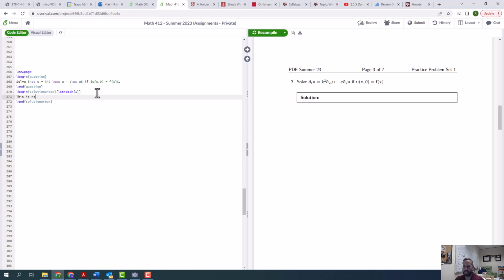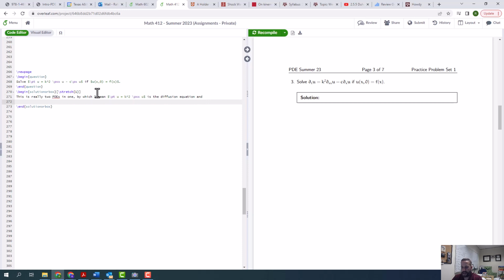What do I mean by this? This is really two PDEs in row one, by which I mean: the t derivative of u equals k squared times the double x derivative of u is the diffusion equation.